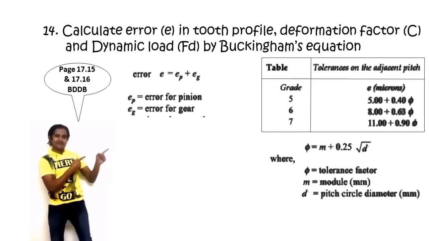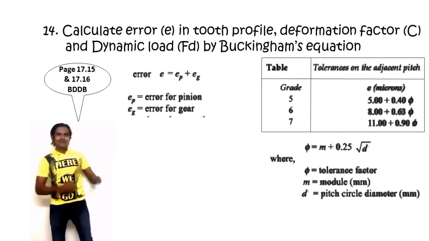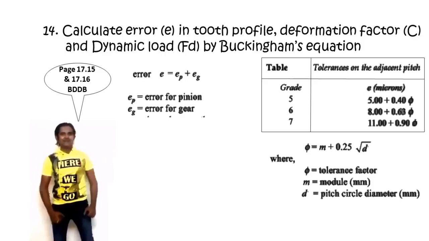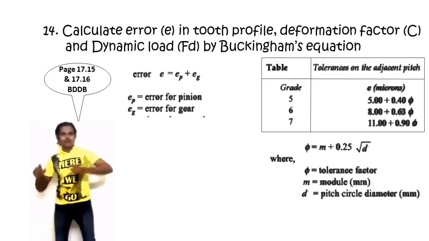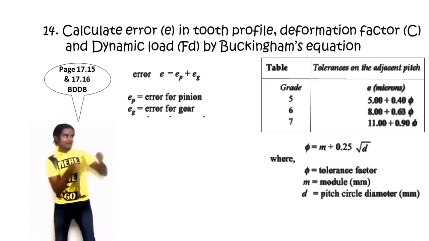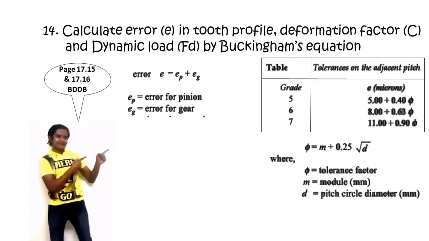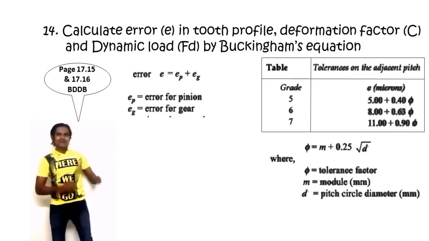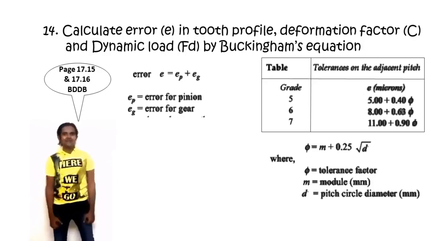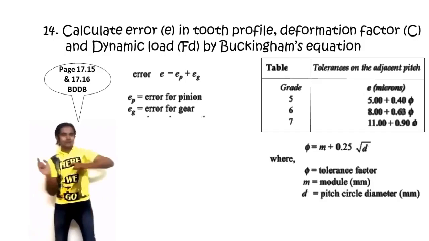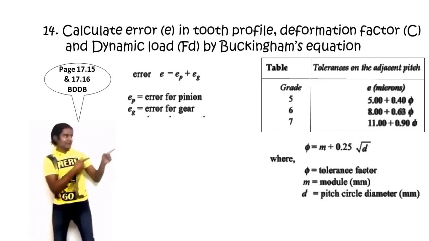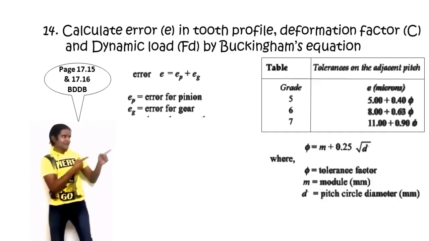I told you, see below the table it is given m plus 0.25 under root d. So putting phi p value you will get EP value, and putting phi g value you will get EG value. So EP and EG as per the grade you will calculate, and once you find out the EP and EG values, you have to remember those values will be in microns.